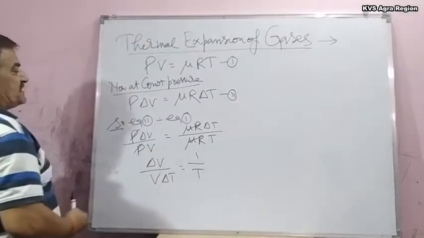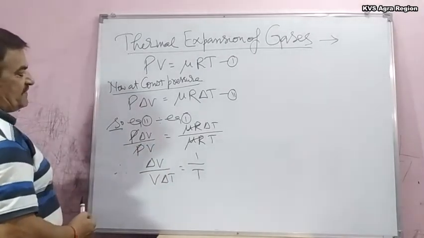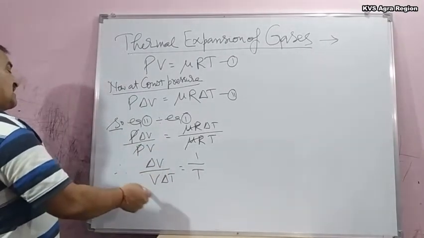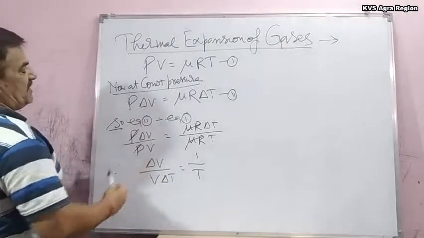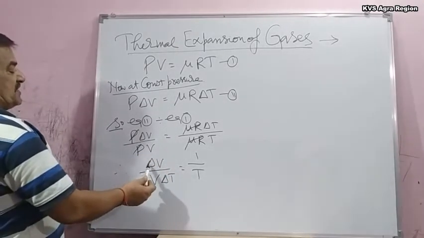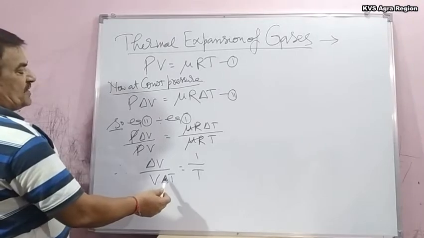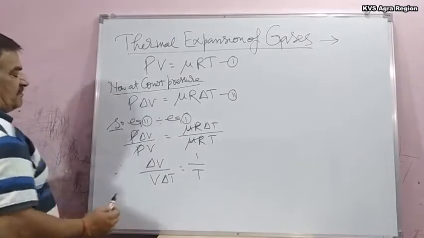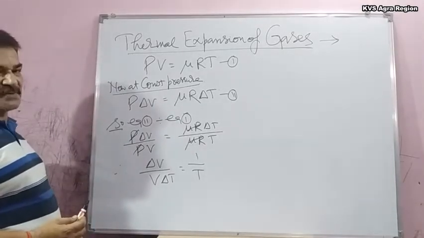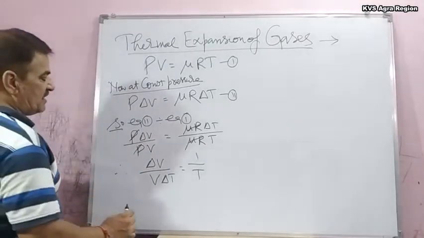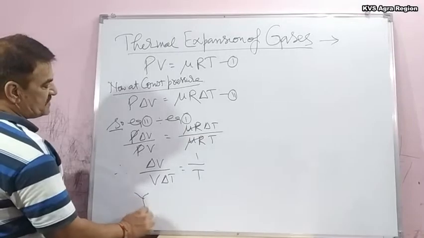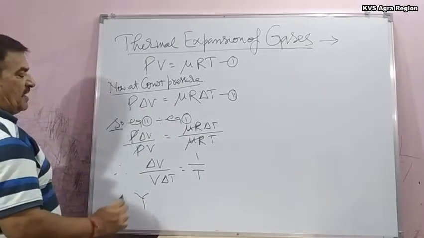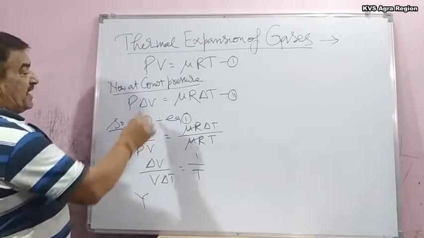We have transferred this delta T into the left hand side. What is this which is in the left hand side? Change in volume per unit original volume per unit rise in temperature. It is nothing but the coefficient of volume expansion. So it is gamma, the coefficient of volume expansion is denoted by gamma, and it is at constant pressure.